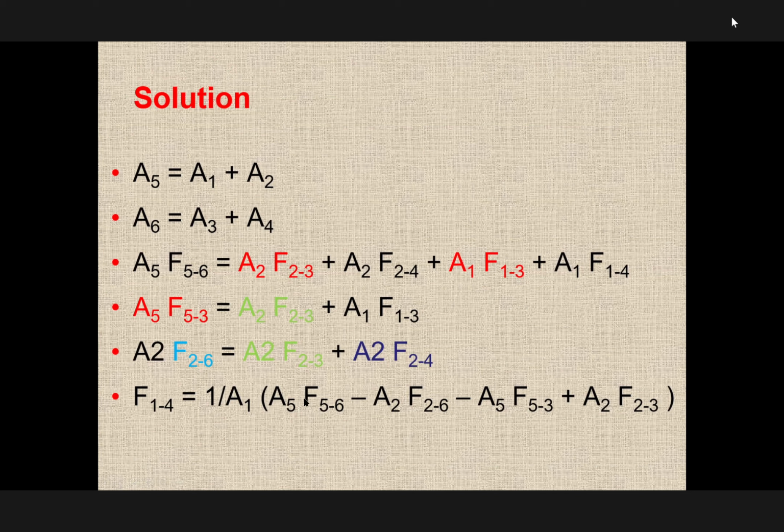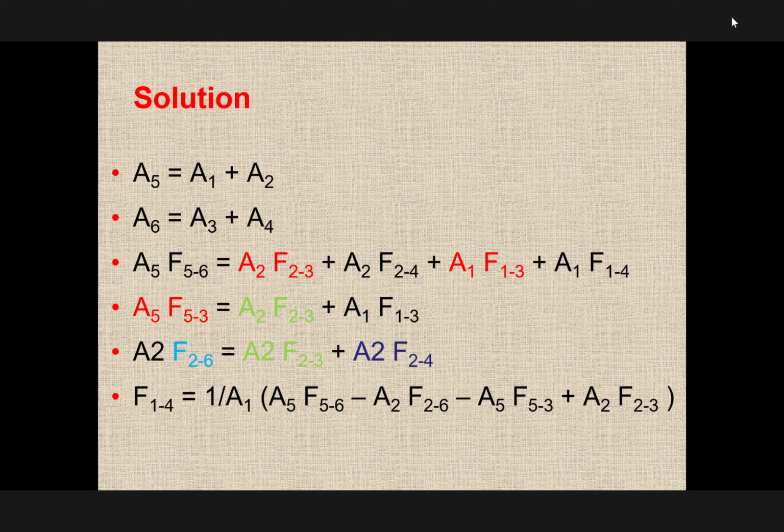Area 5 to 6 can be obtained directly from the graph. 2 to 6 can be calculated directly from the graph. 5 to 3 can be calculated from the graph, and 2 to 3 we can calculate. Therefore, all of these are known values, because if you know the dimensions, you can calculate this one from the figure, this one from this one, and this one, and put them in this equation. Okay. Yes, makes sense. Thank you, sir.